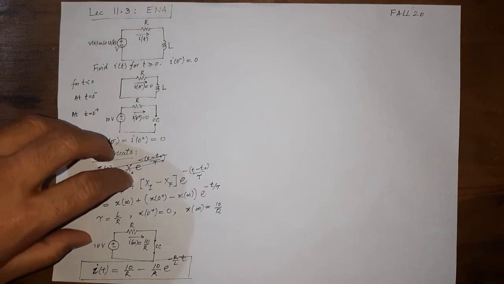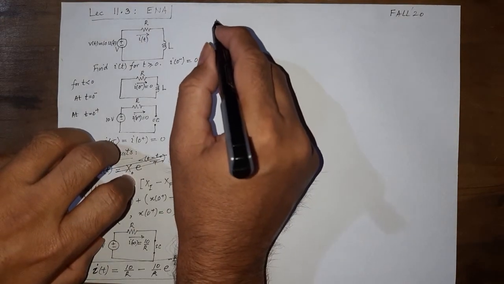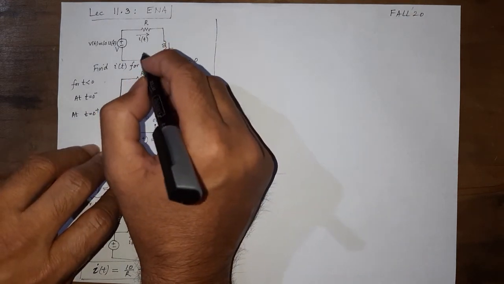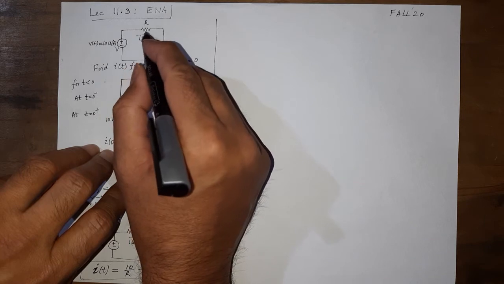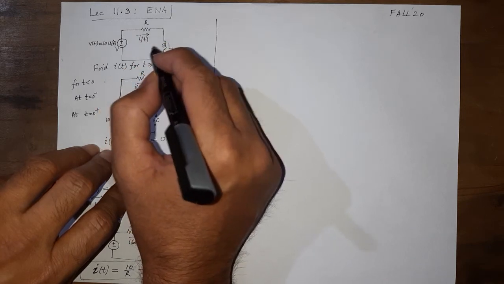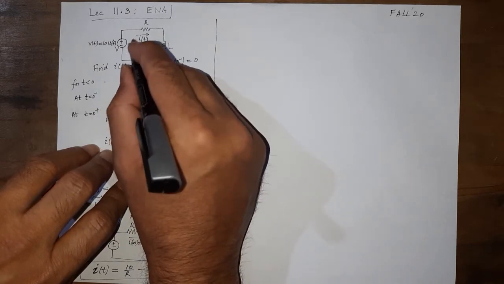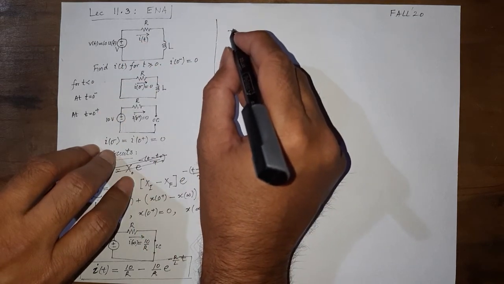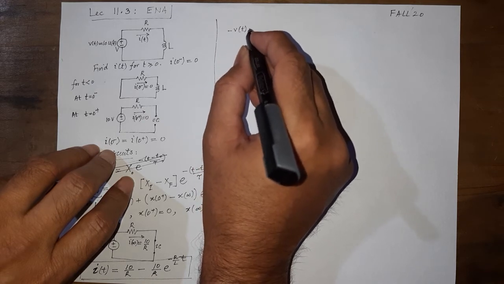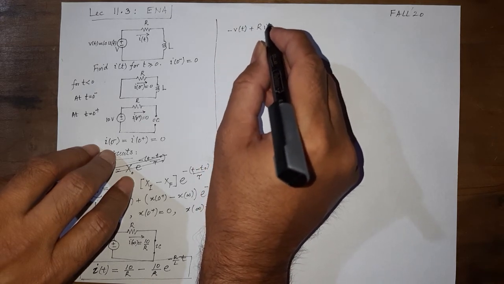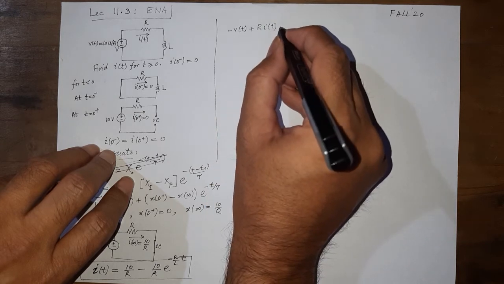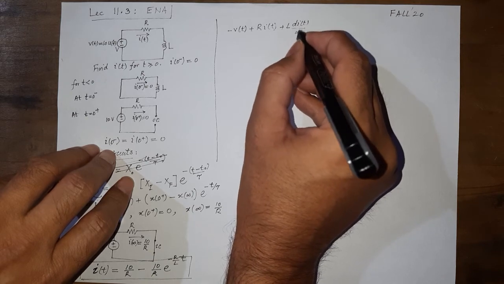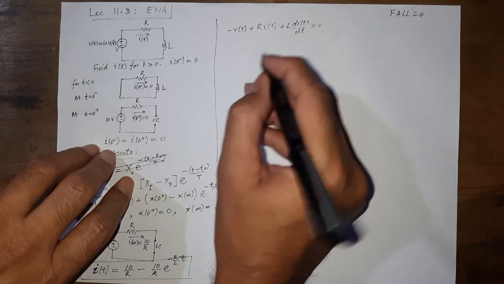And if we have to come through the approach of solving a differential equation, then we can write a differential equation for this circuit. Using MCA, mesh current analysis, or KVL, we can write minus v(t) plus R i(t) plus L di/dt is equal to 0 as the differential equation.